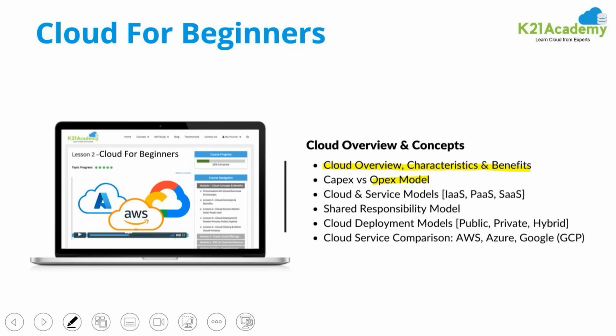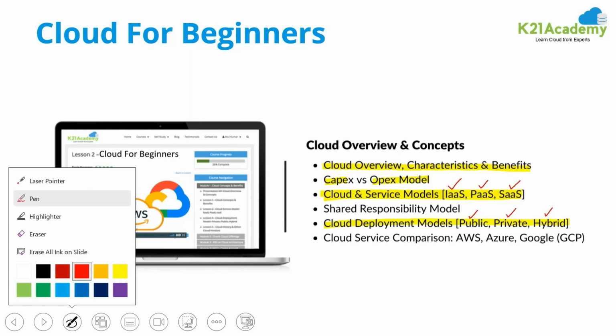So we'll explain CAPEX and OPEX concepts. Then we will study the types of clouds based on deployment model and service model: infrastructure as a service, platform as a service, and software as a service, and also public cloud, private cloud, and hybrid cloud.